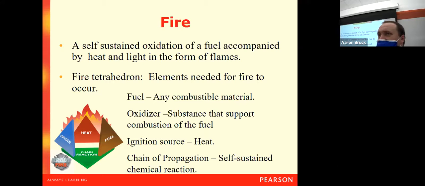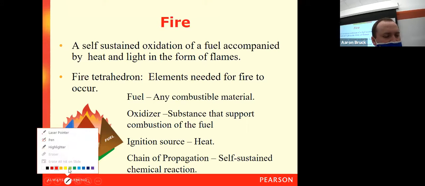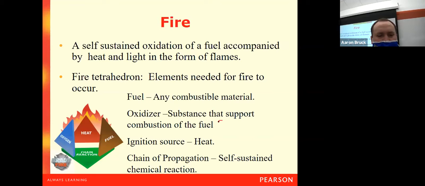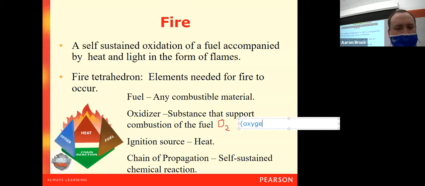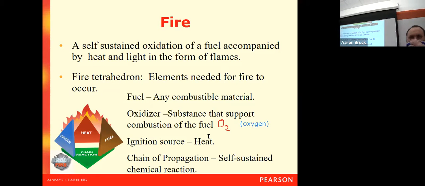Most of the time, oxidizer is going to be coming in the form of oxygen. And if not oxygen directly, then we're talking about compounds that usually release oxygen as part of their decomposition process.